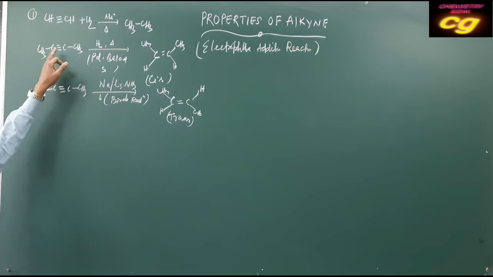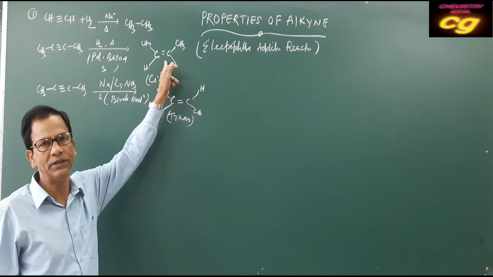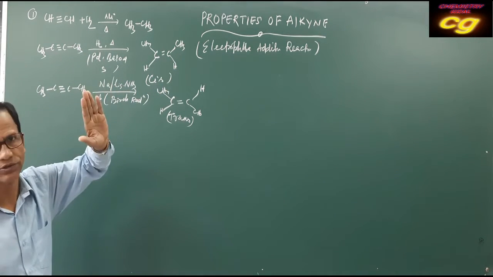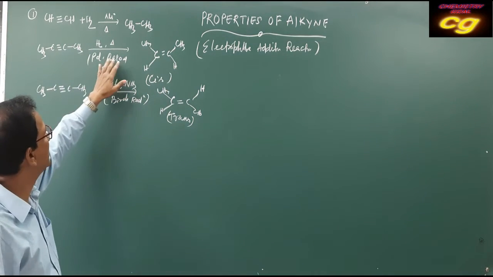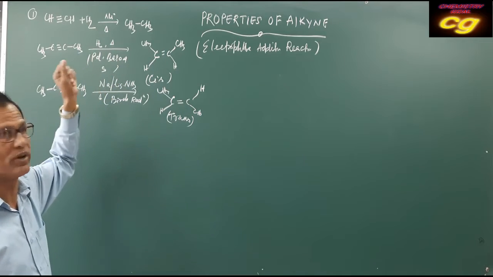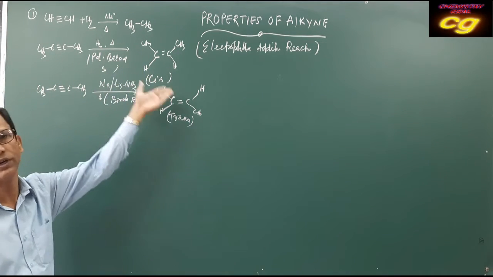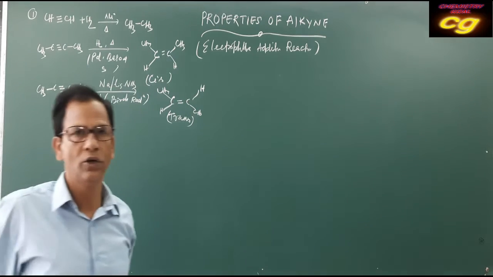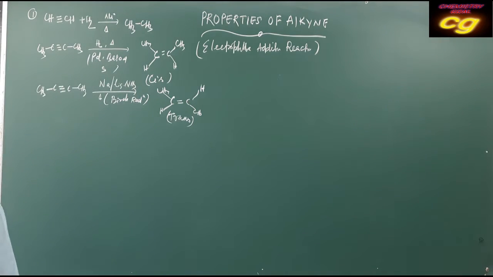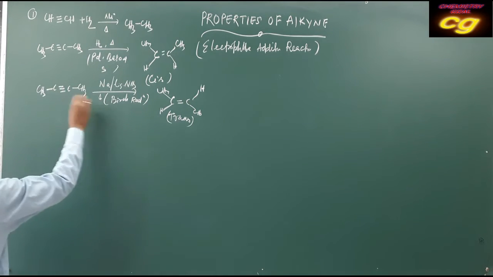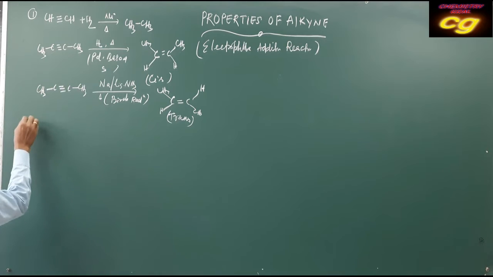The same acetylene can be converted to alkene by controlled reduction, and barium sulfate acts as a poison which stops further reduction of alkene to alkane. So you have to remember this. In both cases, this is the addition of hydrogen.